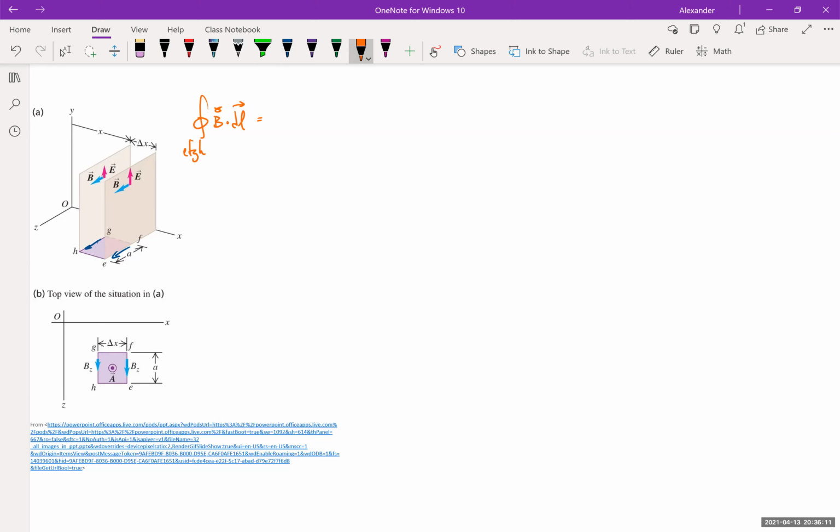So this gets us a minus sign, Bz evaluated at x plus delta x and time t, times the length A, B dot dL.